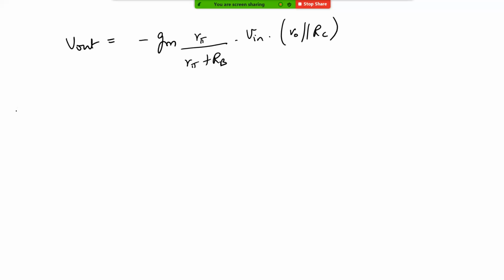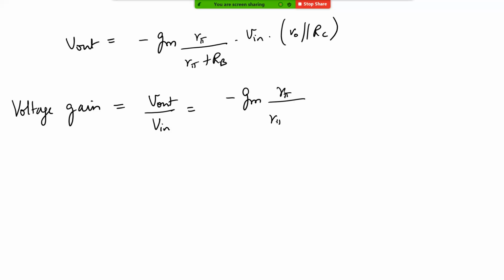So the small signal voltage gain, which is V out by Vn, can be written as minus Gm times R pi by R pi plus RB into R naught parallel to RC.